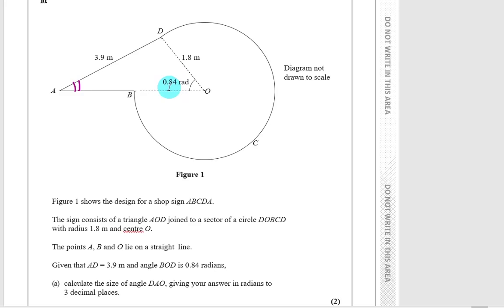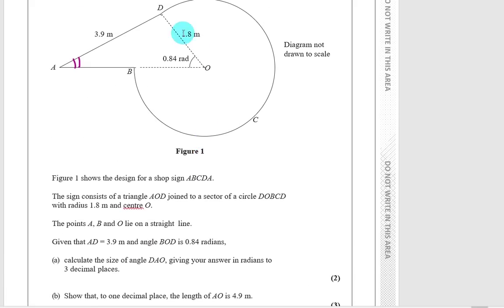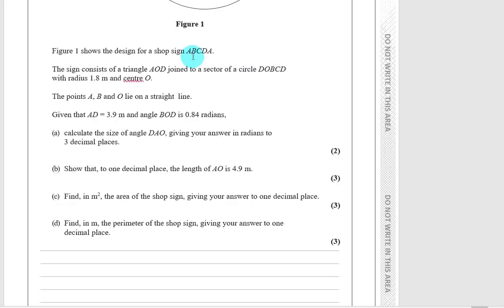So we can start to write the sine rule. So let us write the sine rule now from the shape. So sine 0.84 divided by 3.9 is equal to sine DAO divided by 1.8. So let us use the sine rule.